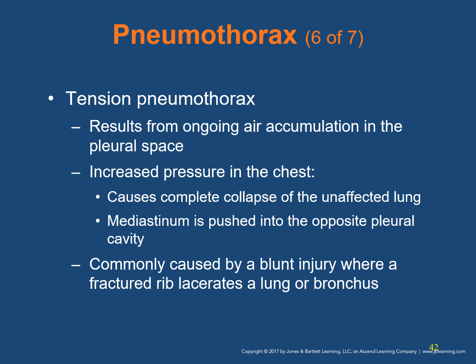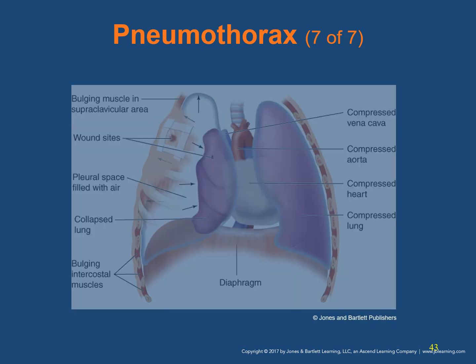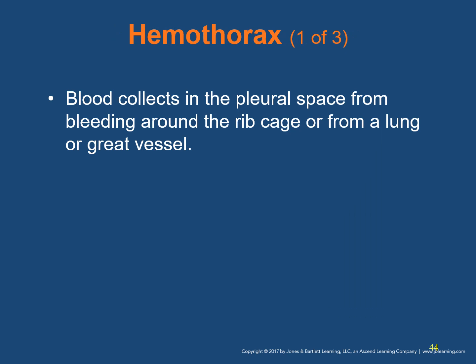Pre-hospital treatment: support ventilations with high-flow oxygen. Request ALS support or transport immediately. Needle decompression may be performed by ALS personnel or emergency department staff depending on local protocols. This illustration on the slide shows a tension pneumothorax.